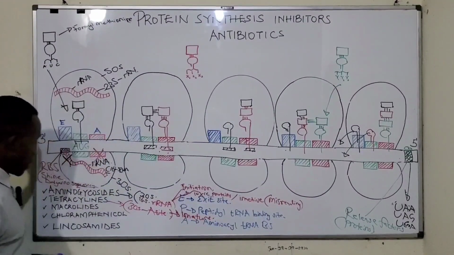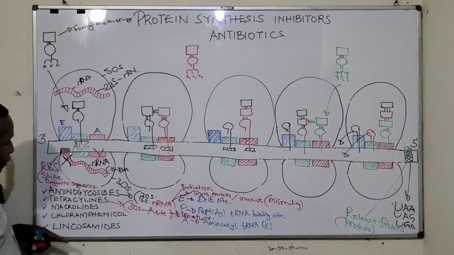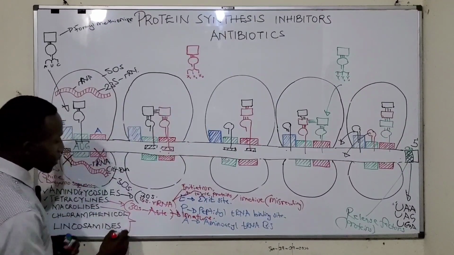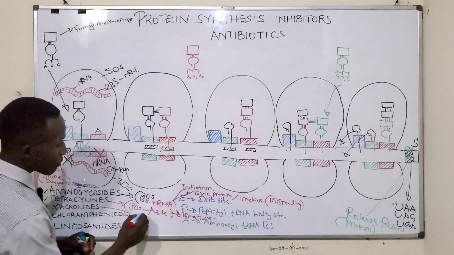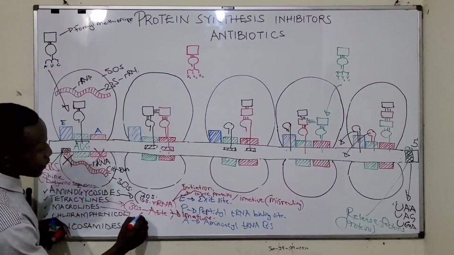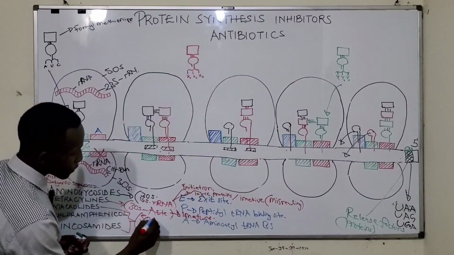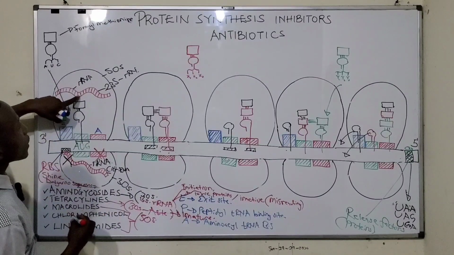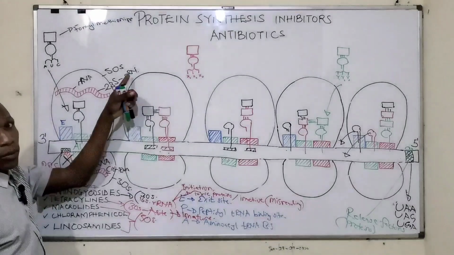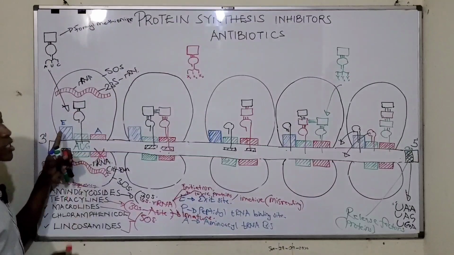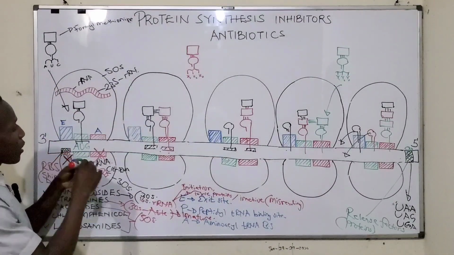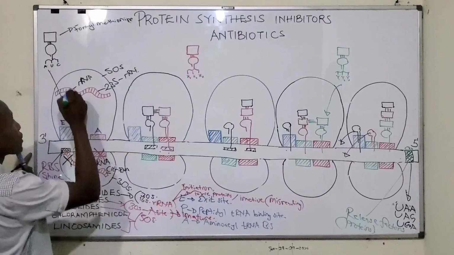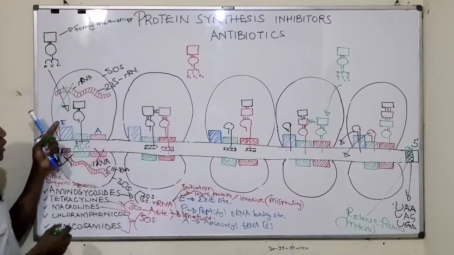For macrolides, chloramphenicol and lincosamides, these ones inhibit protein synthesis by binding to the 50S subunit. But macrolides bind at the 23S ribosomal RNA near the E site. So we shall have inhibition of protein synthesis around here, near the E site.